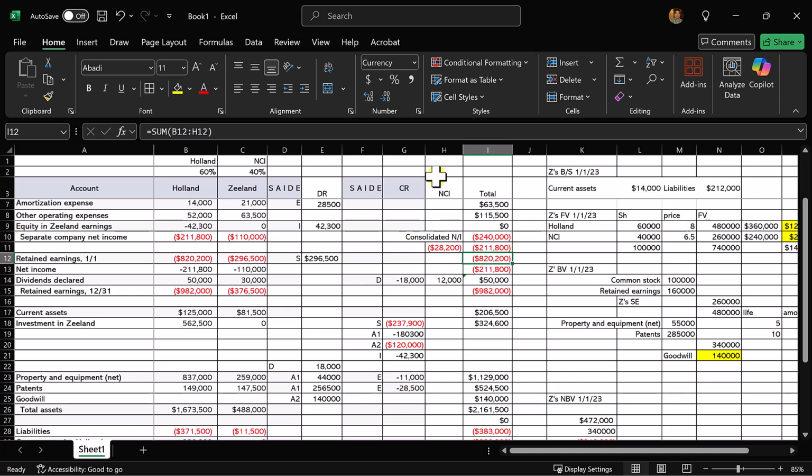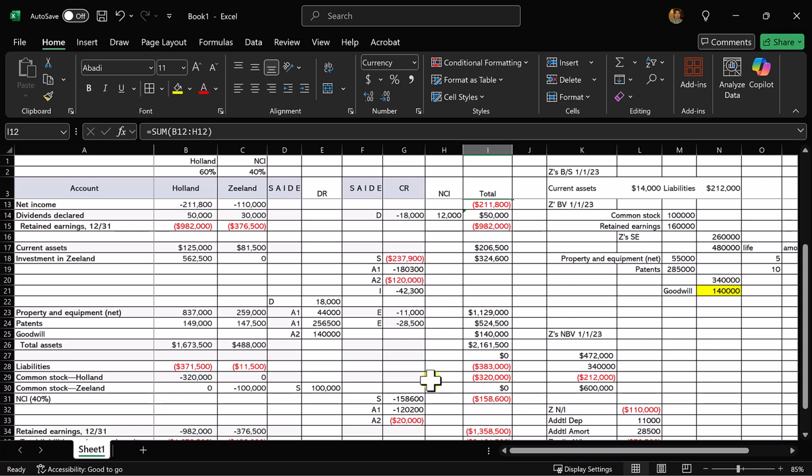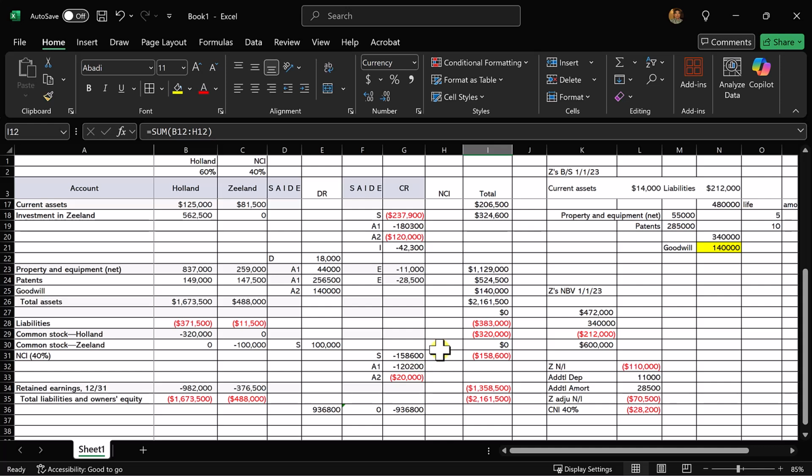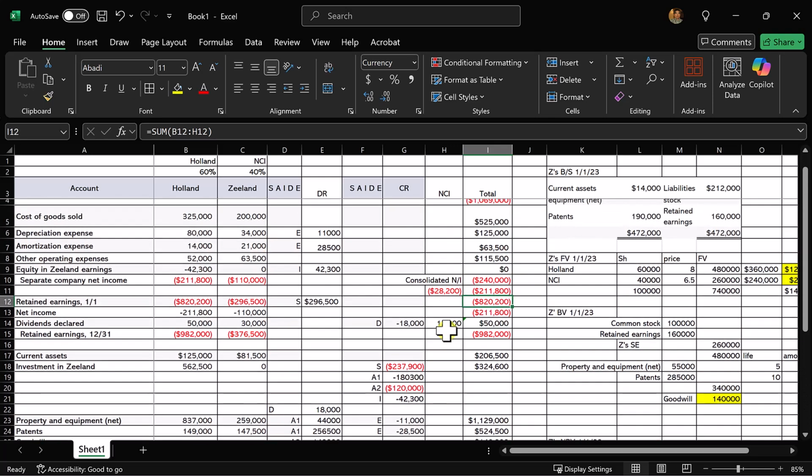So consolidated non-controlling interest income, non-controlling interest dividend, combined with the beginning of the year, that would be these amounts here for the non-controlling interest. I'll do that later. Let's keep on going down here.